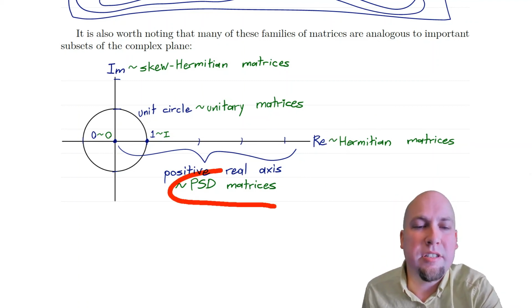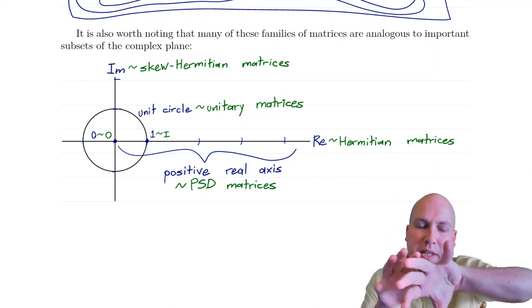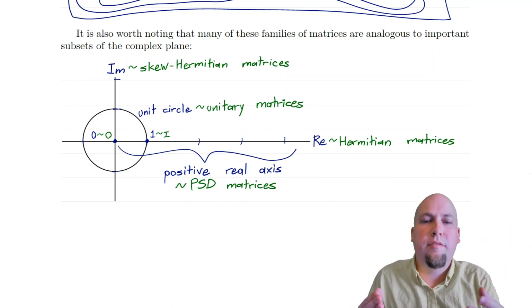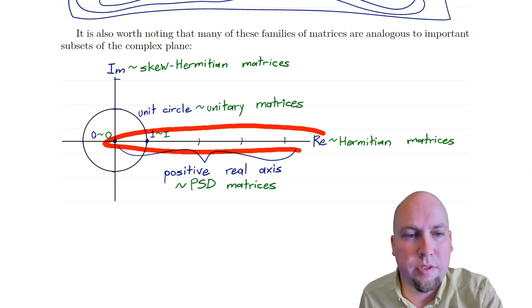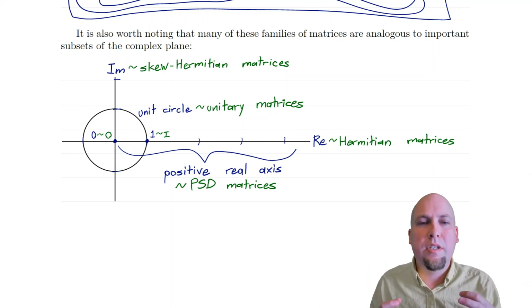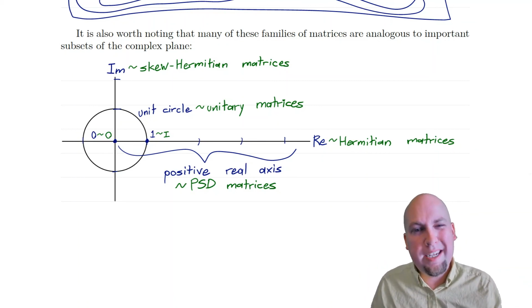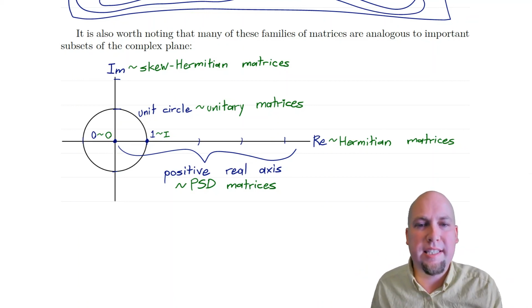Furthermore, all of their eigenvalues do live on this positive half here, okay? And if you multiply by one of them, it just stretches things in the positive direction, just like if you multiply by a positive real number. All right, and again, this is just a toy picture, but thinking about things in this way is useful because you can get a sense of how these different families of matrices interact with each other.